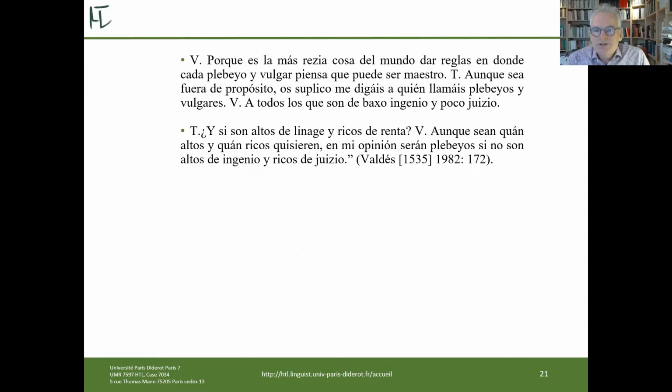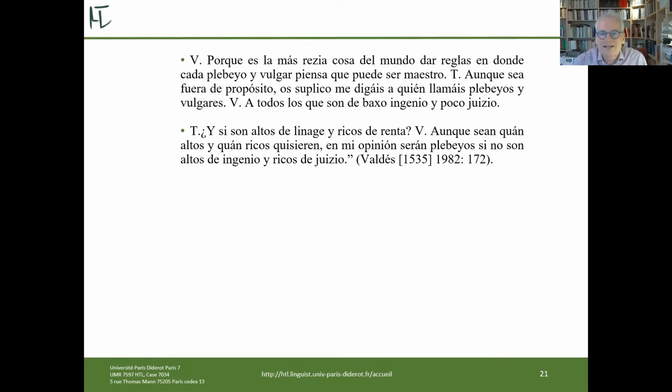So there is also a discussion in Spain, and it is a bit of a simplification, but I can say Valdés and the others. Valdés wrote a dialogue, Diálogo de la lengua, and this is not a grammar of Spanish, but here we can find his view, which was circulating in that period.